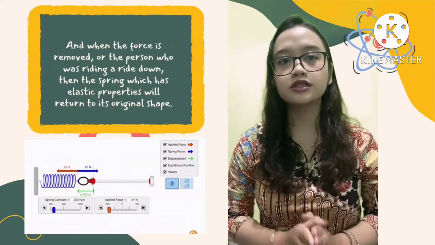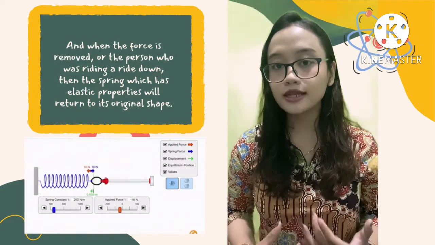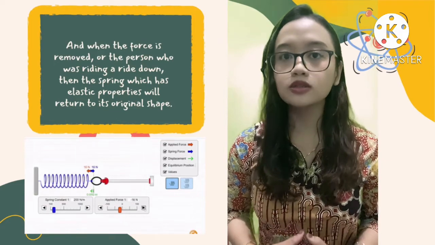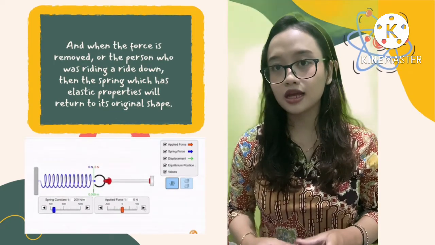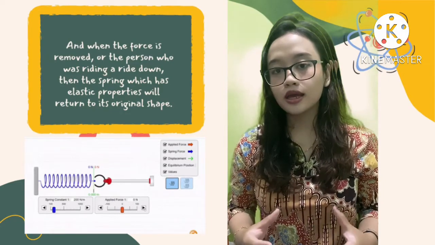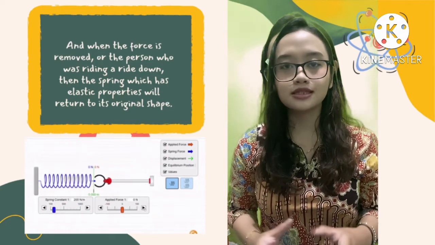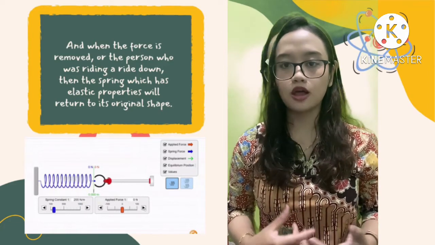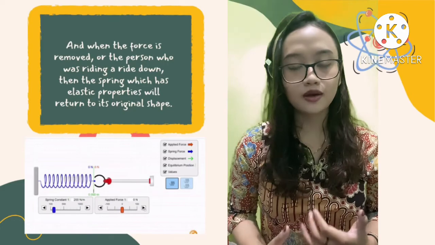And when the force is removed, or the person who was riding a motorcycle gets off, the spring, which has elastic properties, will return to its original shape or original size. This is in line with Hooke's law that we got through the experiment earlier.